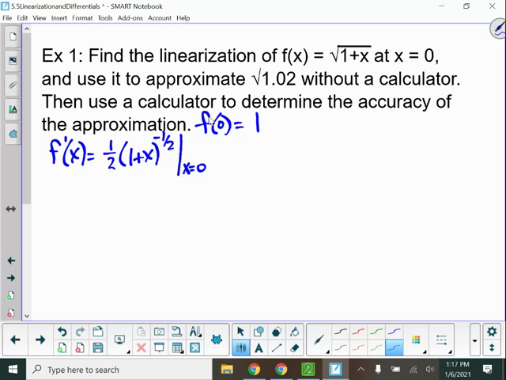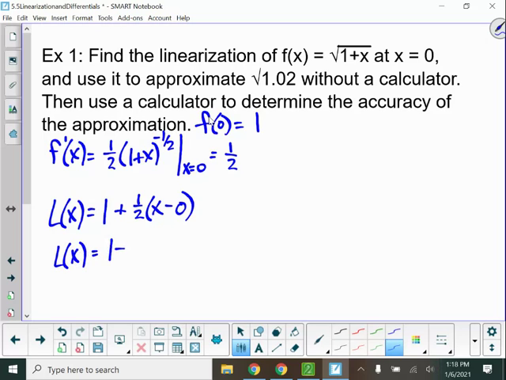So that's basically 1 over that square root, and that's going to be 1, but you do have the 1/2 out in front, so that's going to equal 1/2. So our linearization formula is equal to the function value, which is 1, plus the slope times x minus the a value, which is 0. So that simplifies to 1 plus 1/2 x.